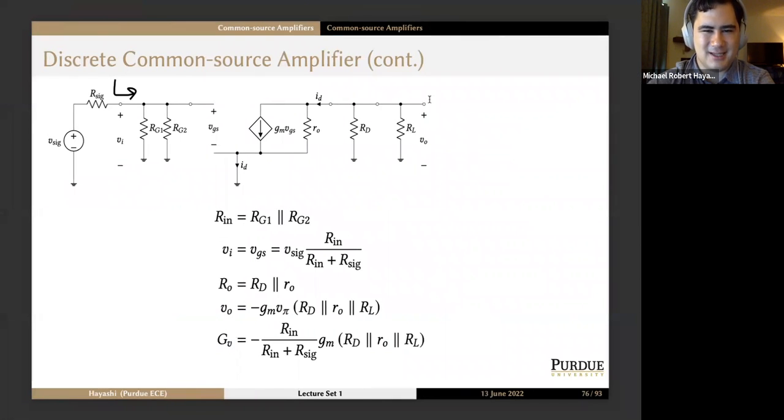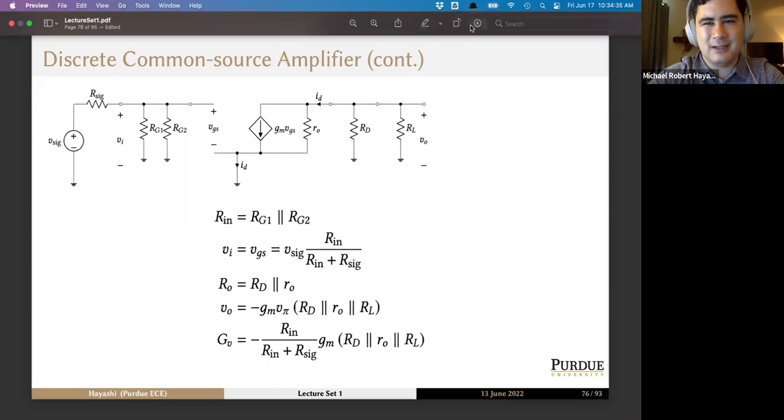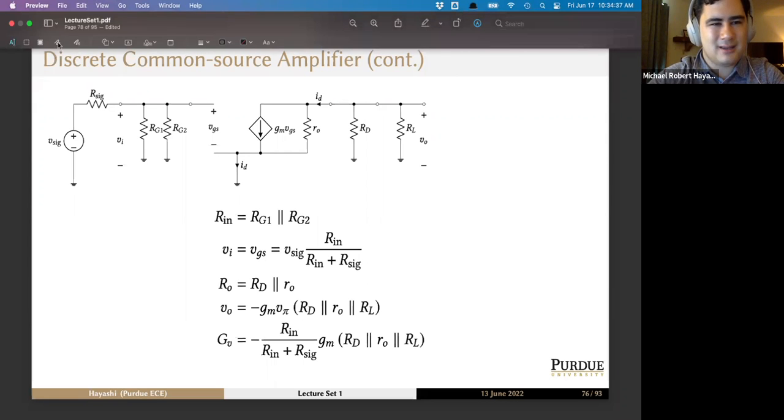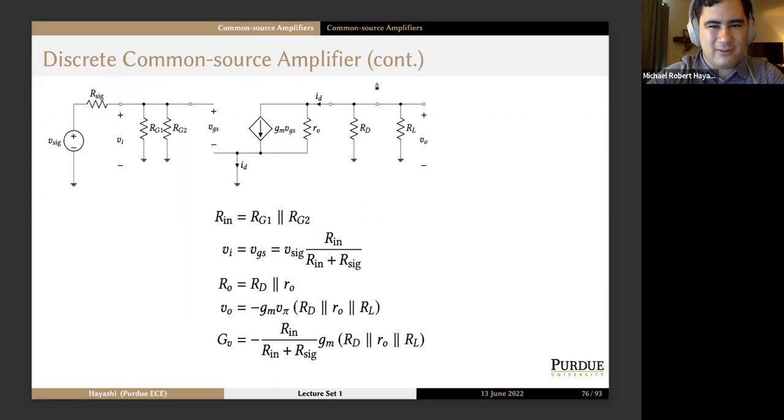Now the output resistance of this transistor. This is where you have to be a little bit careful, because most of the time they define output resistance as not including the load resistance. However, if they say the complete output resistance, they do.